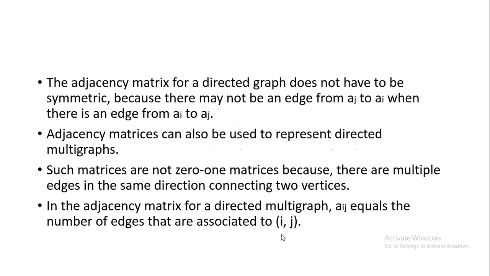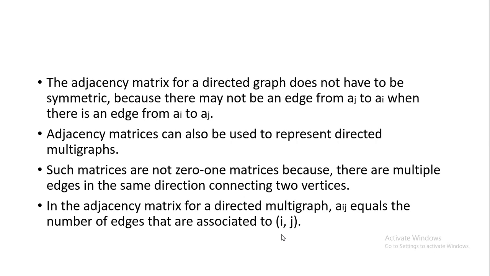Next, the adjacency matrix for a directed graph does not have to be symmetric. Why? Because there may not be an edge from Aj to Ai when there is an edge from Ai to Aj. Understood? Suppose there are two vertices in the graph, i and j.